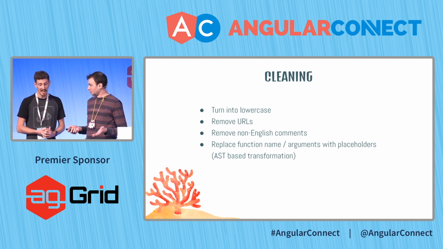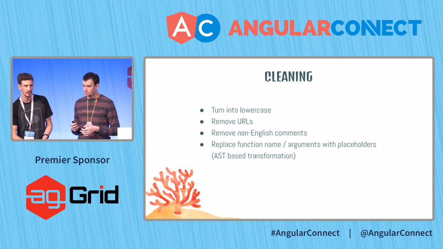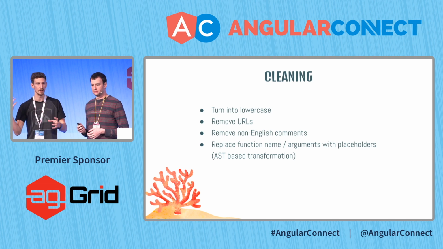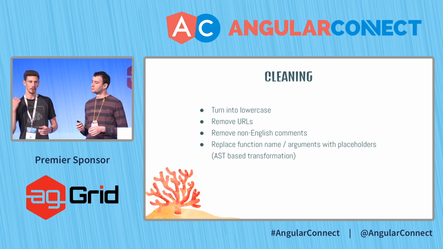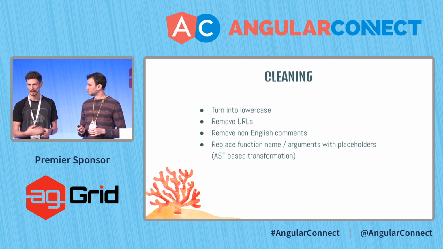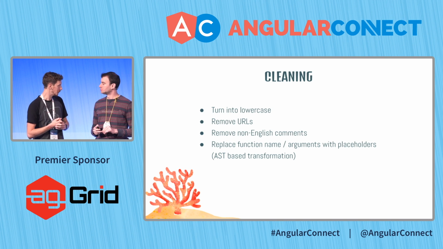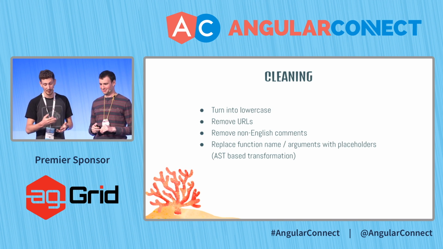Yes, exactly. That's why the first step is to turn everything into lowercase, because we want to remove the noise from the dataset. We also remove URLs, because that just adds noise and has no added value. We also remove non-English comments, because learning one language is already difficult, and learning all these languages would be even more difficult.